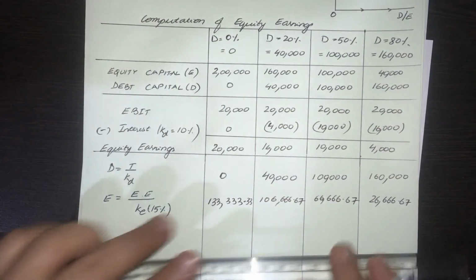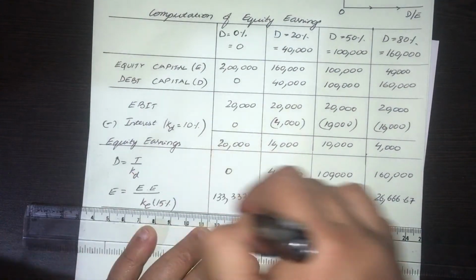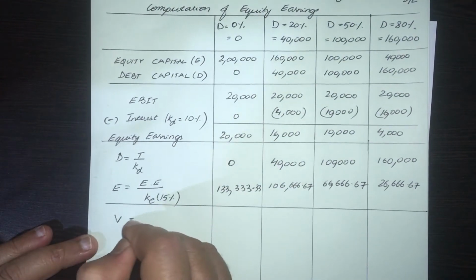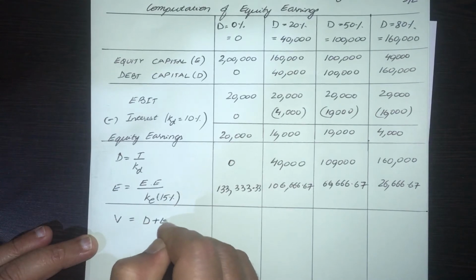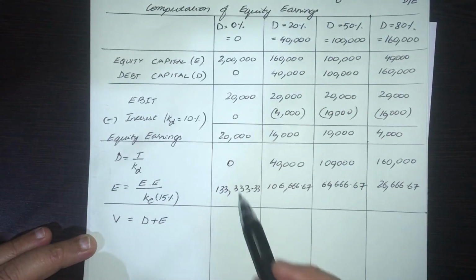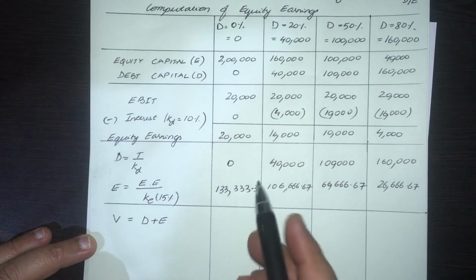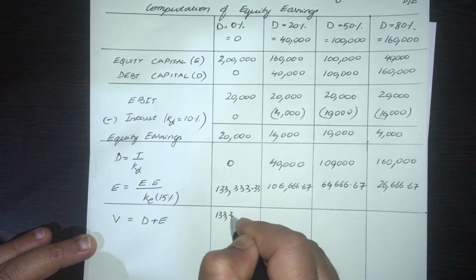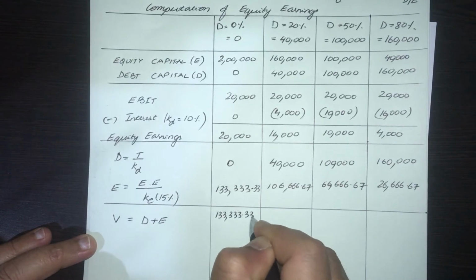Now let us find out the market value of the firm. What is the market value of the firm? V is equal to D plus E. We know what is D. We also know what is E. So D plus E is equal to 1,33,333.33.